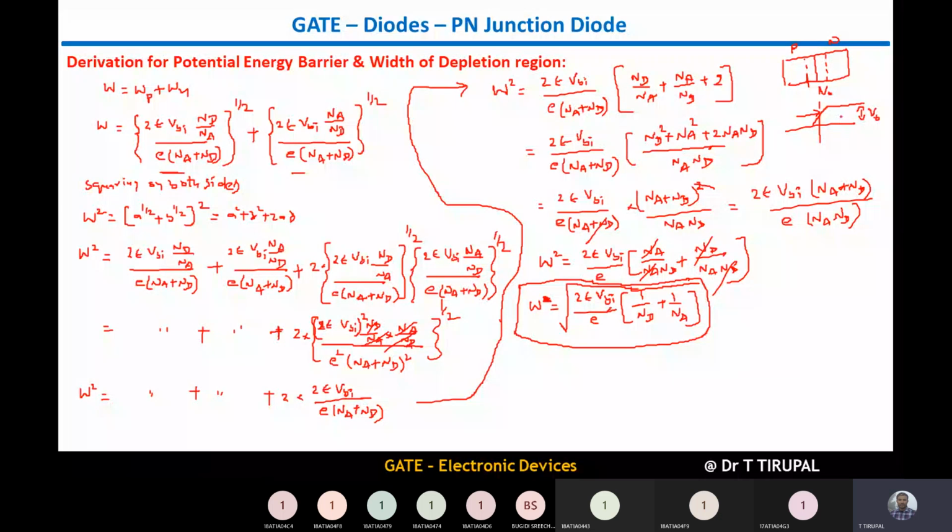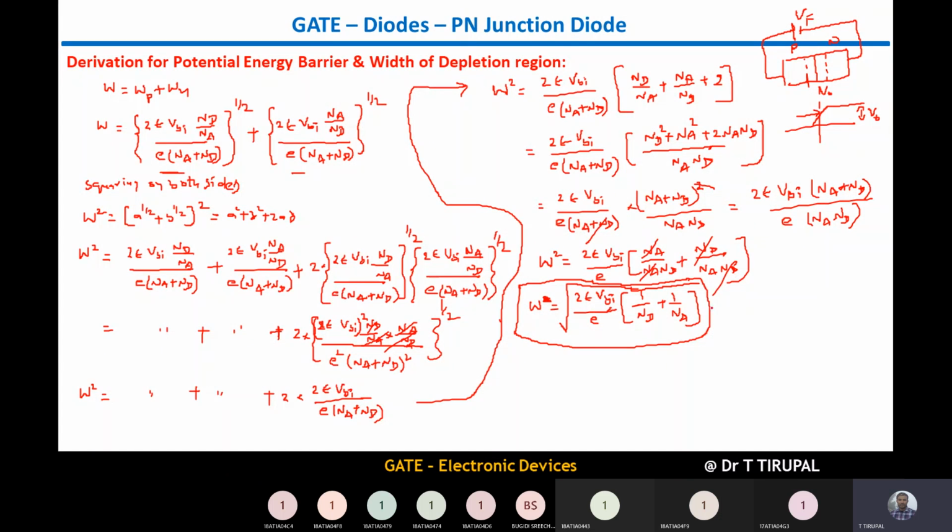So this barrier height V0 depends upon what? It depends upon whether we are applying forward bias or reverse bias. So suppose if you apply forward bias VF, then this complete thing is called built-in potential or barrier height. It is given by VBI, right?